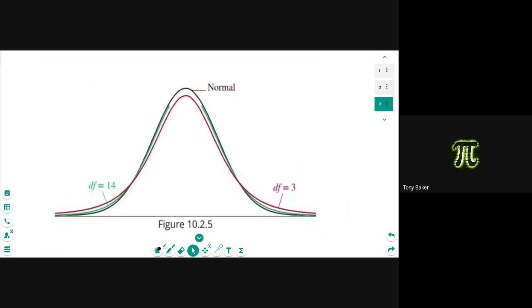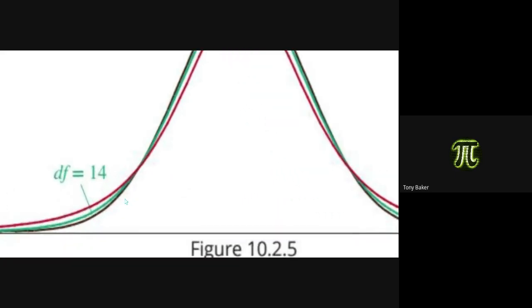But it's not necessarily going to be exactly the normal curve. If I only had 3 pieces of data, we're at that red line there. It's shaped like the bell curve, but it's not exact. It's a little more spread. And the green is when I have 14 pieces of data. It's getting closer to that curve, but again, it's not exact if you look down the bottom.